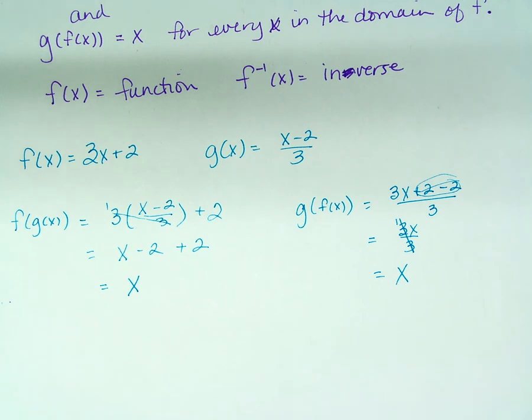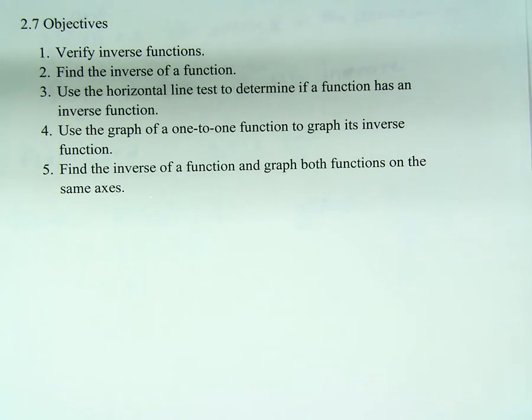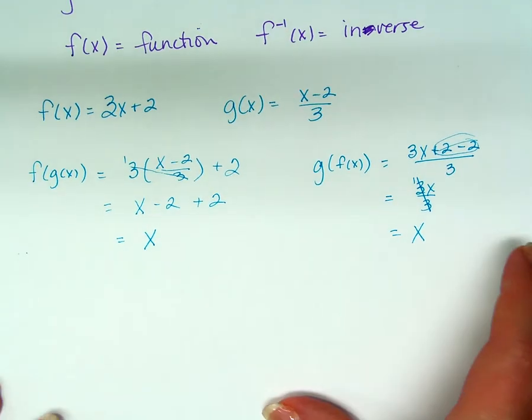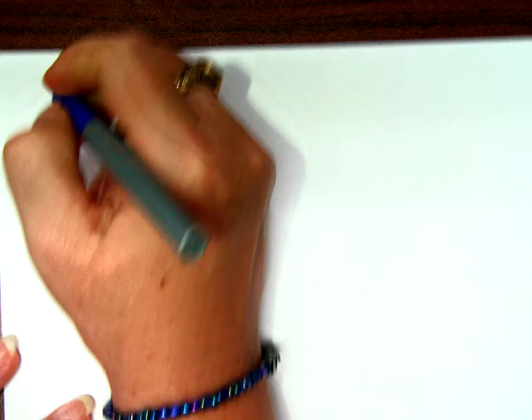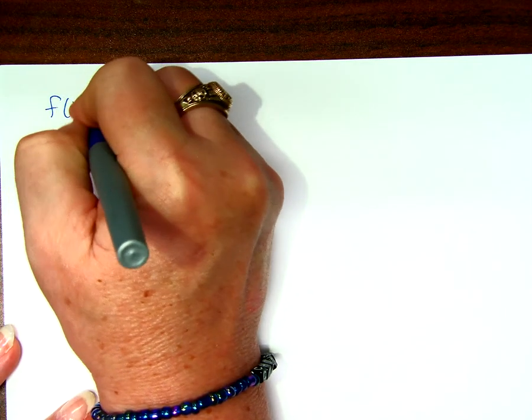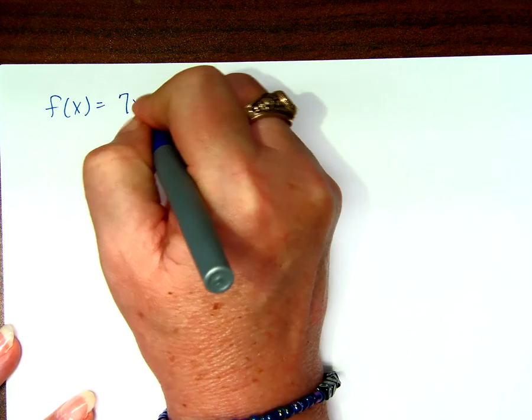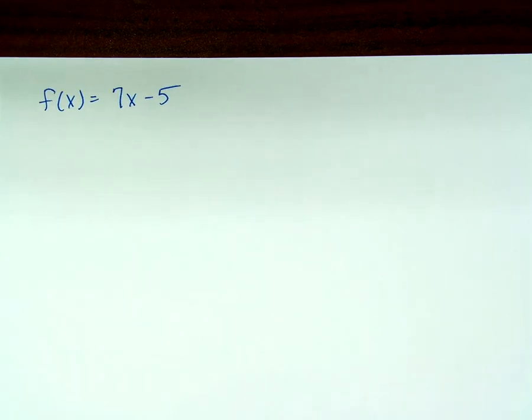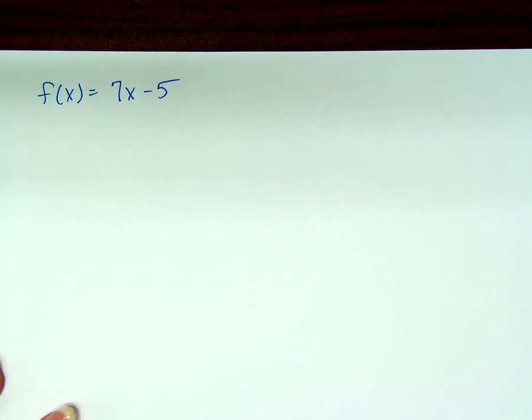Our second objective for the day is to find the inverse of a function. So I might give you a function like f of x equals 7x minus 5, and I ask for the inverse. Do you remember how to find the inverse of a function?